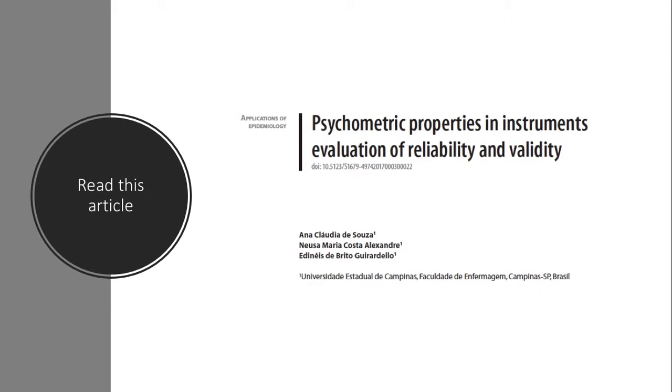And this is the article that I was referencing from Applications of Epidemiology. I found it when I was preparing for this lecture, and I think you'll find it's an easy read. It provides a nice overview of the topics.